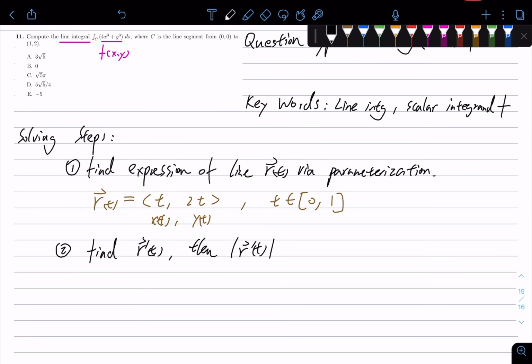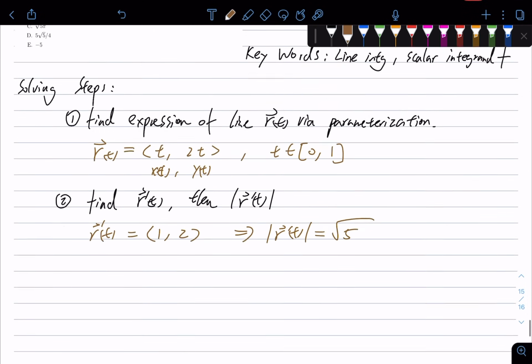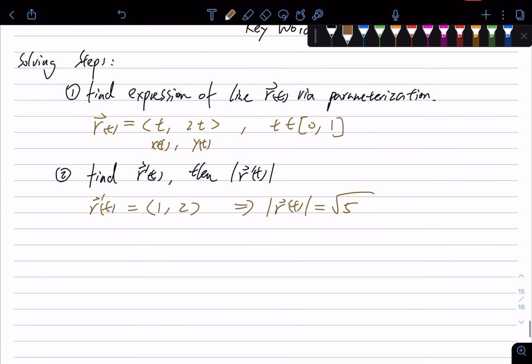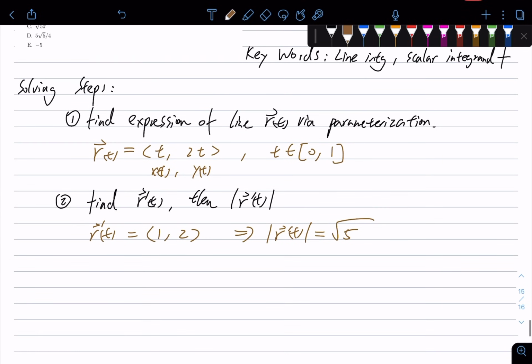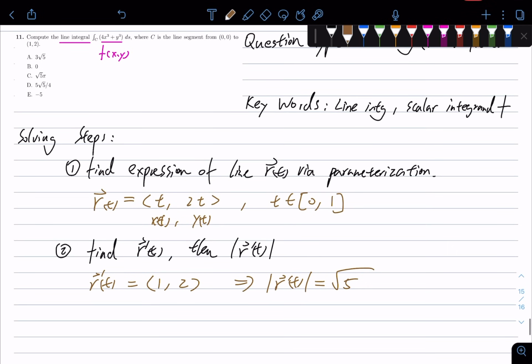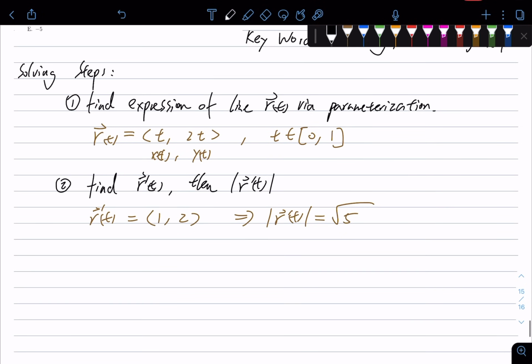Okay, so r prime of t equals 1 and 2, so that the magnitude of r prime of t is going to be √5. Okay, but with parameterization we're not quite done yet, because if the line segment is parameterized, the function itself also needs to be parameterized. And that's what we're going to do next.